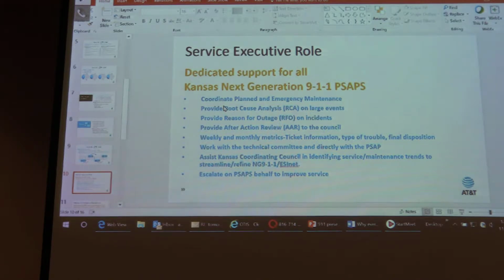My job, as I support the council, is root cause analysis, and that's on large events. We've had 2 rather large events in the last year and a half. One was a fiber cut. It was huge. It affected 28 PSAPs. It's not to say that will never happen again, but it would be rare. I think that was an isolated situation, don't you, Scott? That was a perfect storm.